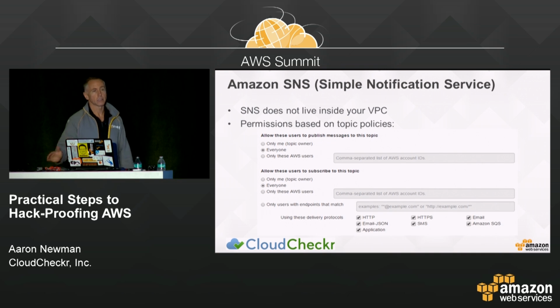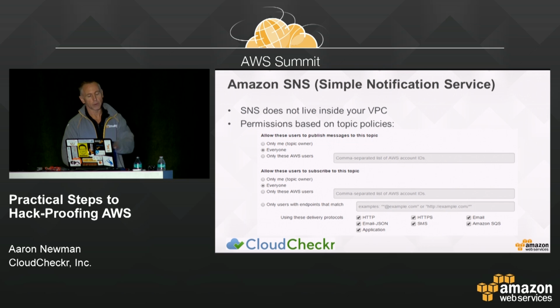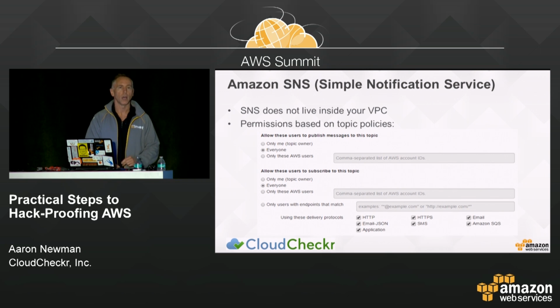Same idea here, SNS, another service that lives outside of VPCs and has a slightly different access control system associated with it. So make sure that you've gone and audited these as well, and that you haven't granted everyone access to any SNS queues. It's very easy for us to look at something and say, well, this is just an SNS queue, how could somebody really attack me and get things out of there? But if you're going to allow people to publish messages to an SNS queue, there's all kinds of vulnerabilities.